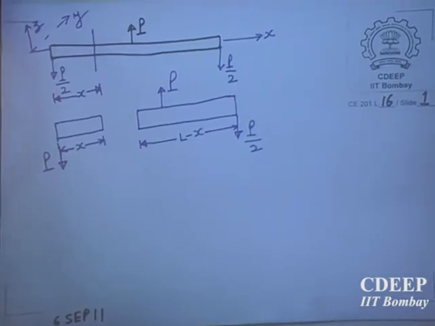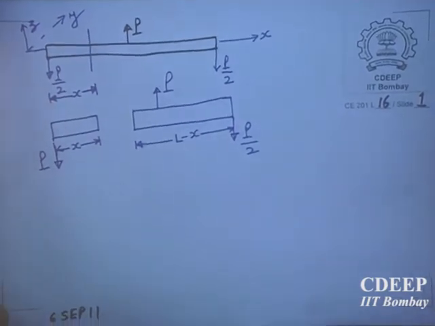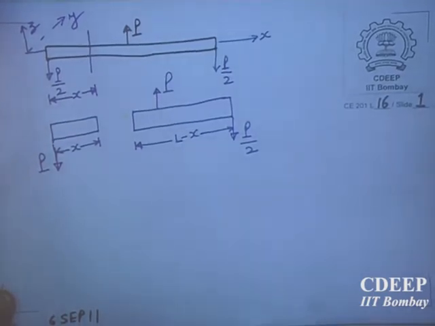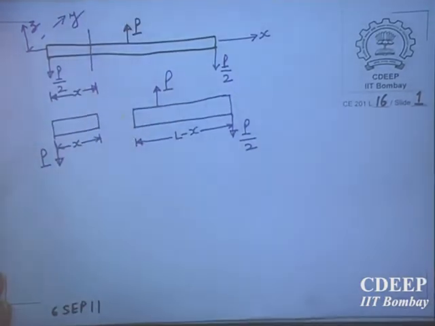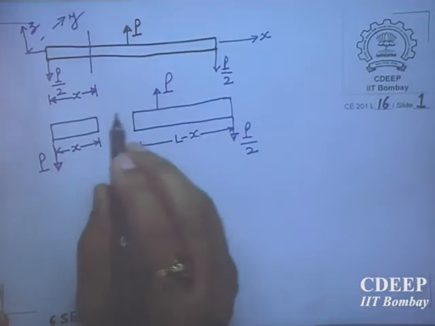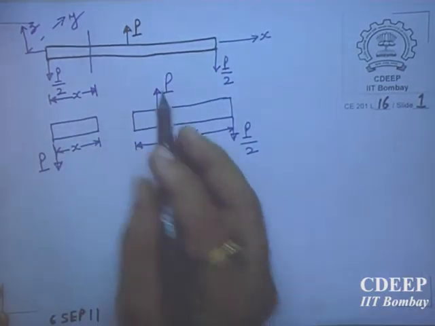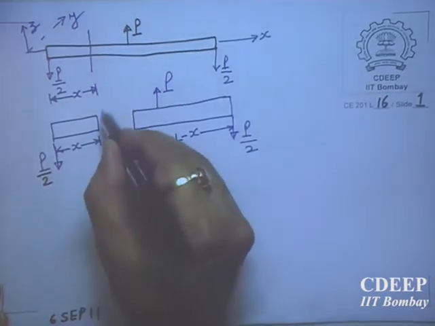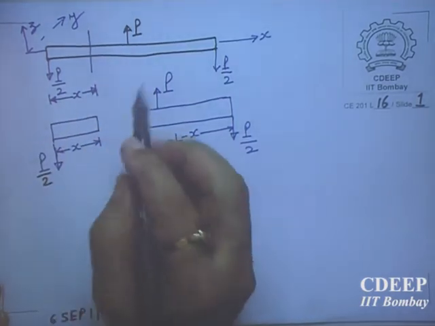So here at any cross section, of course, I have already given you in a general force system, you have got at any cross section, when you cut it, 6 forces, 3 normal forces and 3 moments. Now here, because it is planar, what do you have? In order to keep this in equilibrium, first of all, this is P by 2, so there must be a vertical force in order to balance this here.